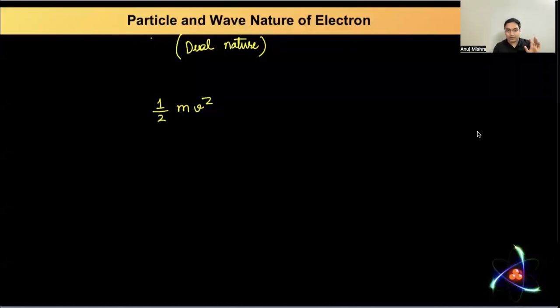Half mv square, right? But just see that this particular thing in front of us, half mv square, is representing energy in terms of a discrete particle. Now the same thing, if we think for the electron in terms of a wave, let us see what will happen. First, is it clear what I'm talking about, particle nature versus wave nature?